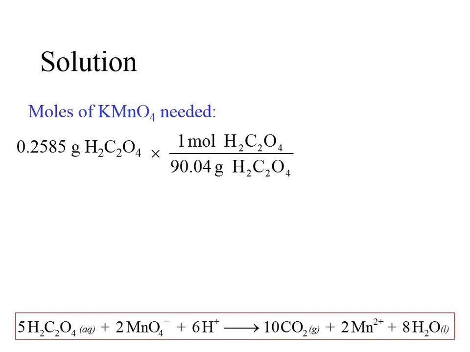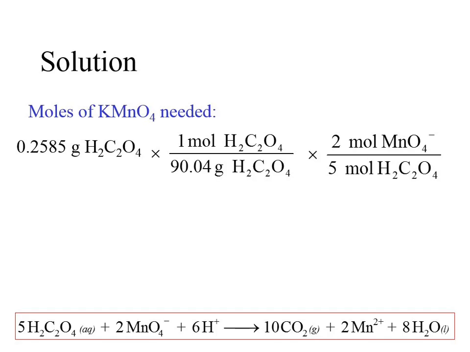So unit-wise, that gives you moles of H2C2O4. If I want to now go to moles of MnO4, I use stoichiometry. So I have 2 moles of MnO4 over 5 moles of H2C2O4. And I'm actually going to combine the third step here.